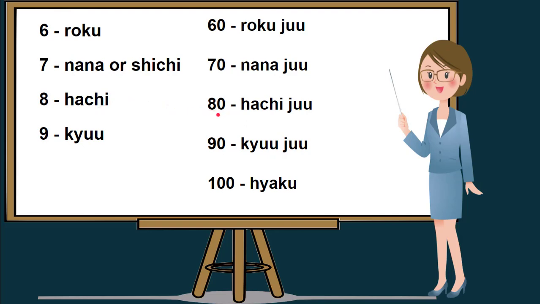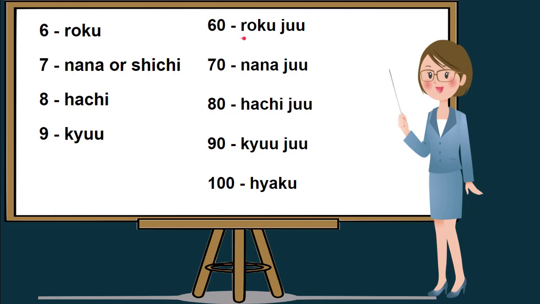So 80 is hachiju. 90 is we need to say kyuu for 9 and for 10 is ju to make it kyuuju. And for 100 is hyaku.